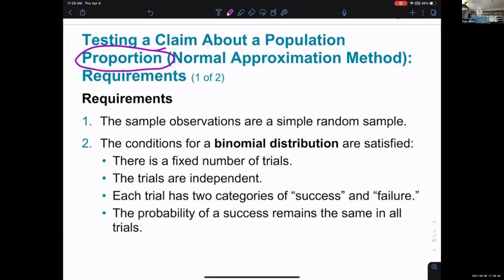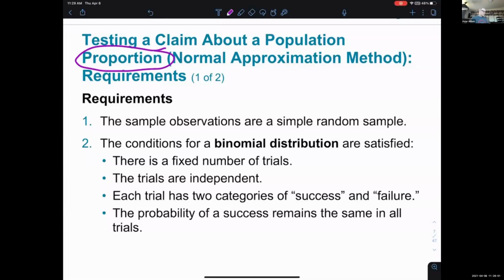So for example, I could ask the students at DVC whether they are wearing a piece of blue clothing, or I could observe them and mark off if I see that one of their pieces of clothing is blue. And so then there will either be a success or a failure, which matches with our binomial requirements.